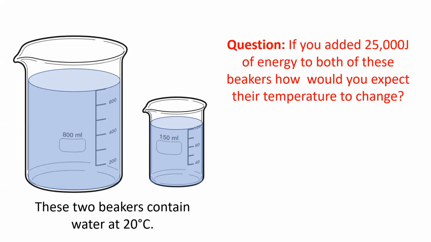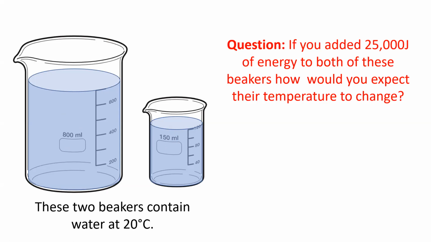Now, just a note here, 1 milliliter is equivalent to 1 cubic centimetre. So if you're told that you have 800 milliliters, that's the same as saying that you've got 800 cubic centimetres. Similarly, that would be 150 milliliters or 150 cubic centimetres.